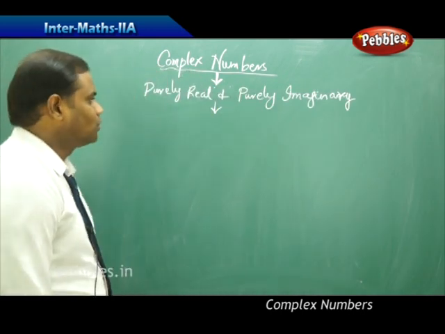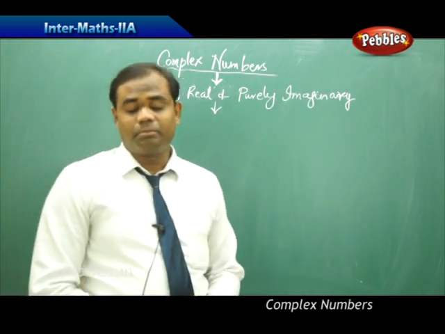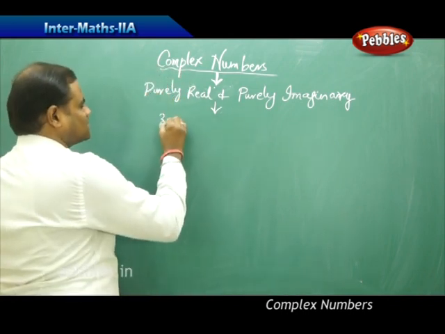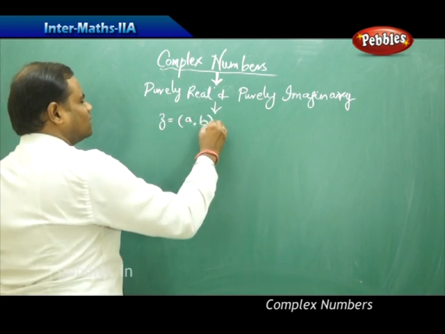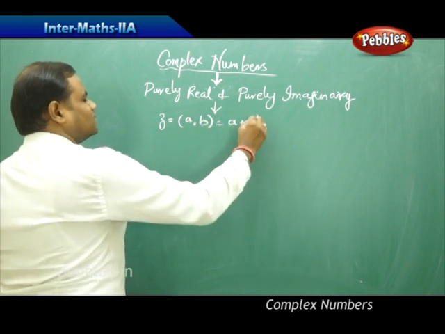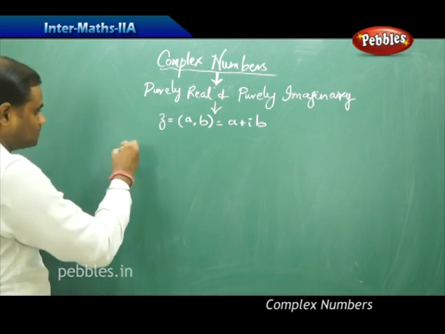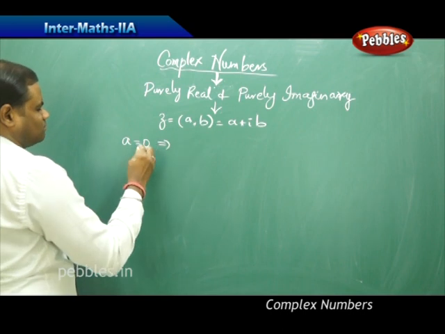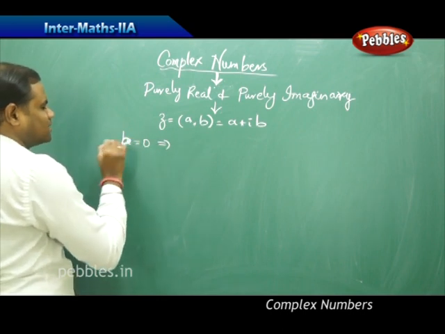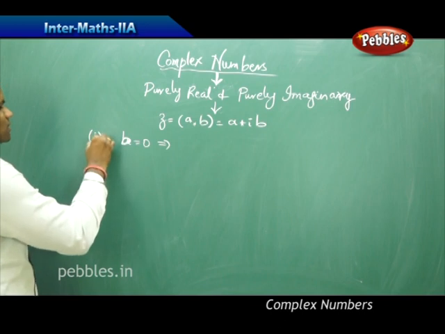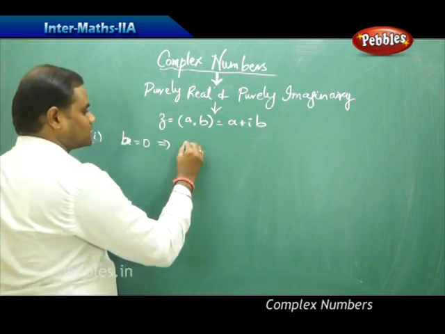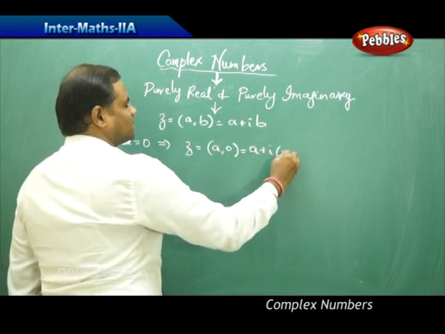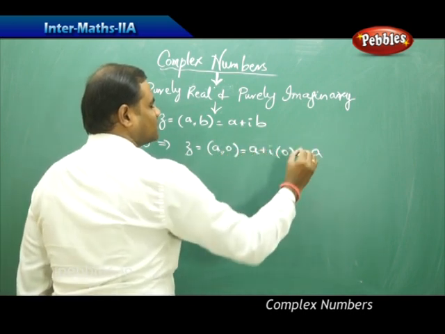So let's see what we mean by purely real and purely imaginary. Take a complex number, say z equals (a, b) or a plus ib. If I take initially b equal to 0, this reduces to z equals (a, 0), that is a plus i times 0, that is a.